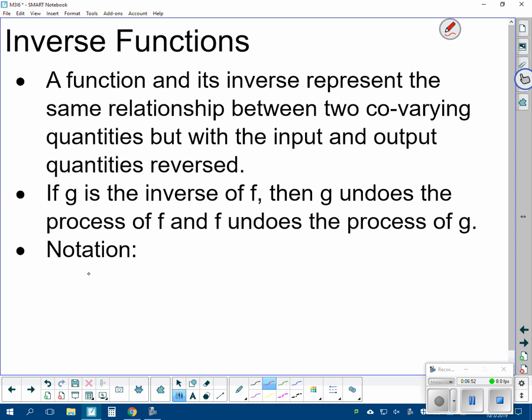Notation for an inverse. If F is the original function, its inverse is F to the negative first power. That is just notation, though. It doesn't literally mean take it to the negative first power. So when you see this, you read it as F inverse.